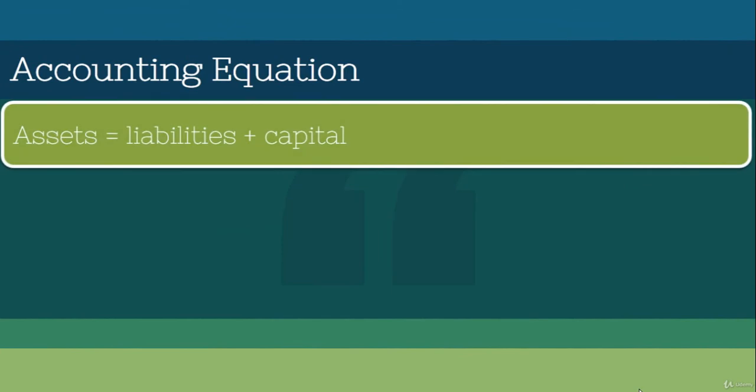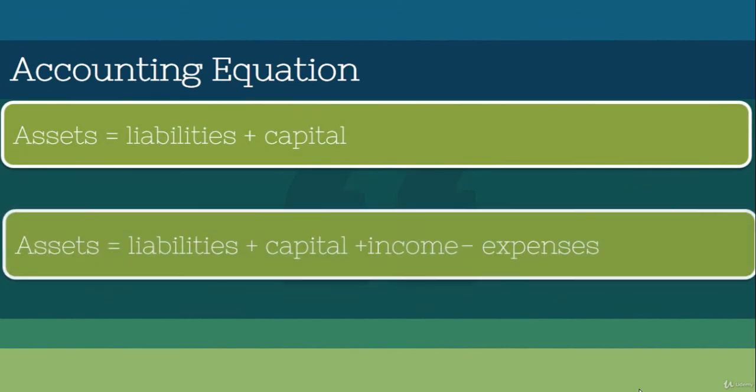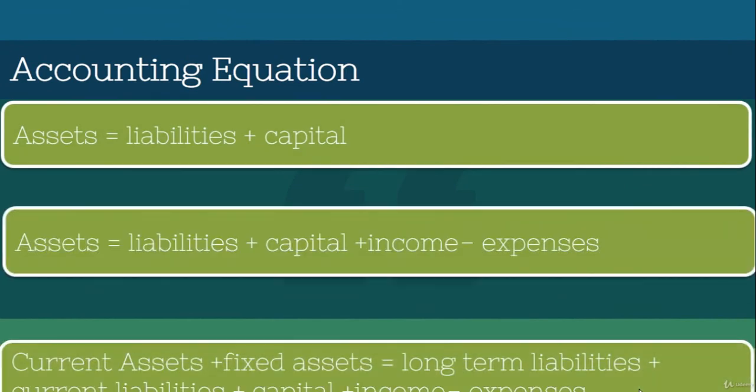Now we are going to discuss the accounting equation. At a company's starting position, assets equal liabilities plus capital. We have already studied 5 types of account. When the company starts, in the beginning position, assets equal liabilities plus capital.